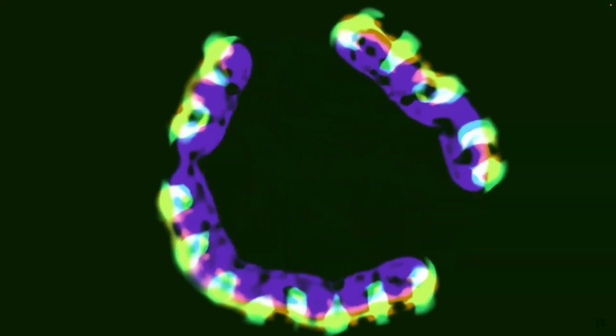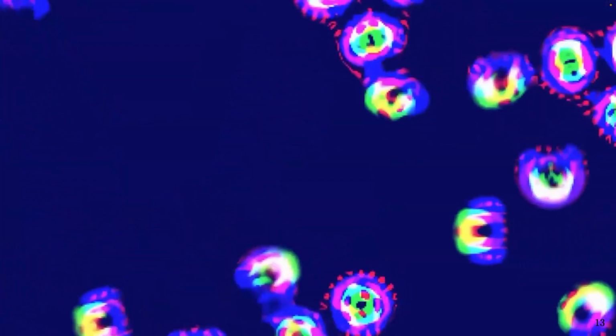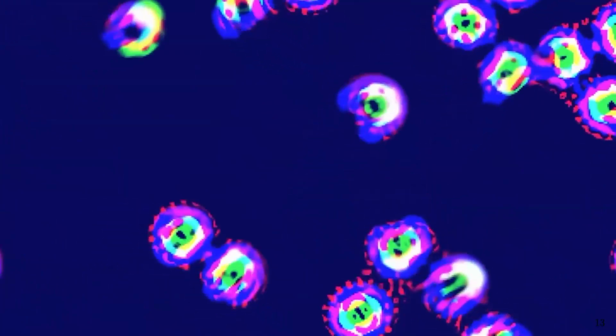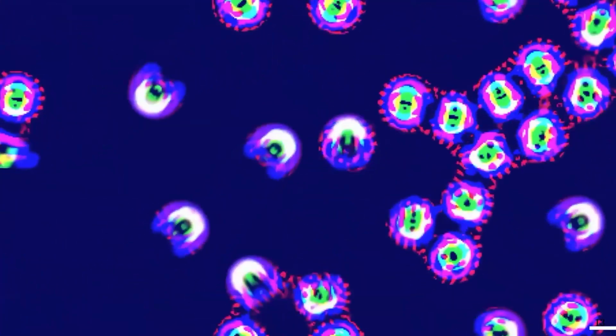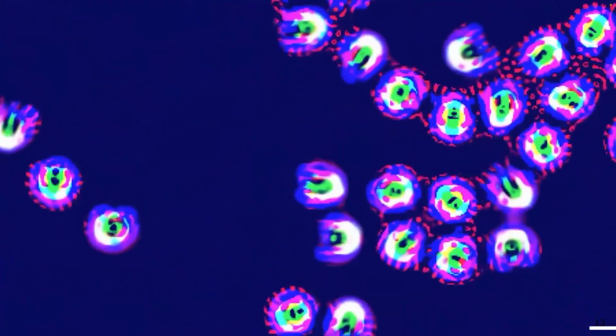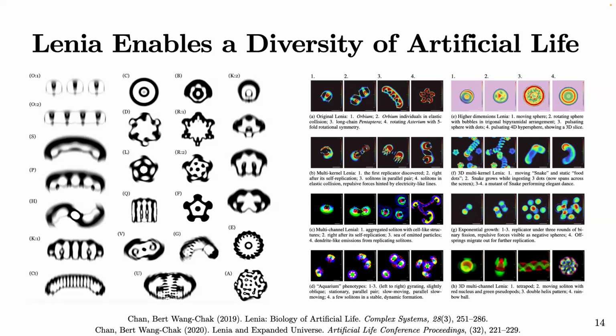So as an artificial system, we can see that Lenia enables the emergence of a diversity of lifelike, self-organizing, and robust patterns. Manual search led to the identification of hundreds of artificial species, uncovering emergent behaviors such as locomotion, reproduction, emission, and so on. So here are some examples of self-organizing patterns that were discovered manually by its creator, Bert Chan.